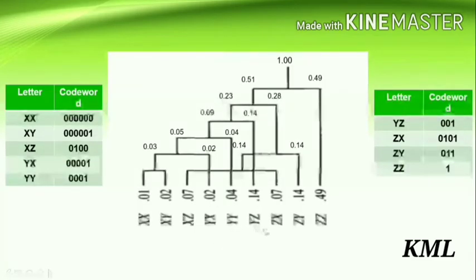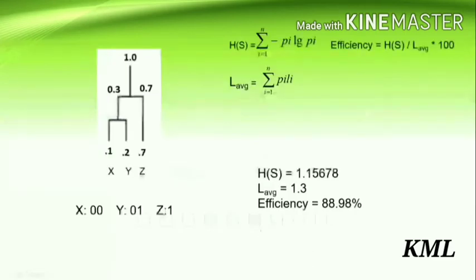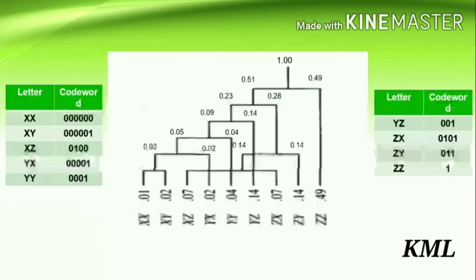Okay, same for Z, pair Z with X, then Z with Y and Z with Z. So you get ZX, ZY and ZZ. Okay, so this way you have to make the pairs.